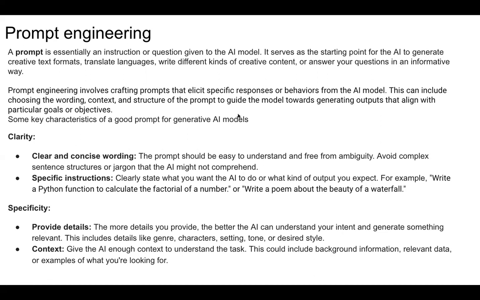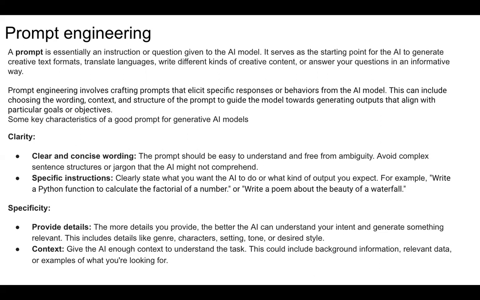Give the context. So give the situation, like what the text should revolve around, a background information. So let's say about a story: write a story which is in the World War I era, about two friends who are separated and then how they found each other.